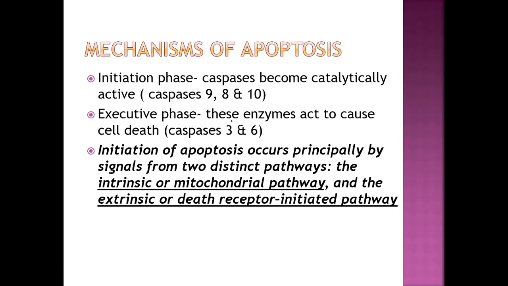Now, the mechanism of apoptosis has an initiation phase and an execution phase. In the initiation phase, the caspases become catalytically active. The initiator caspases are 8, 9, and 10. The execution caspases are 3 and 6 mostly. Initiation of apoptosis occurs principally by signals from two distinct pathways: the intrinsic or mitochondrial pathway, and the extrinsic or death receptor pathway.